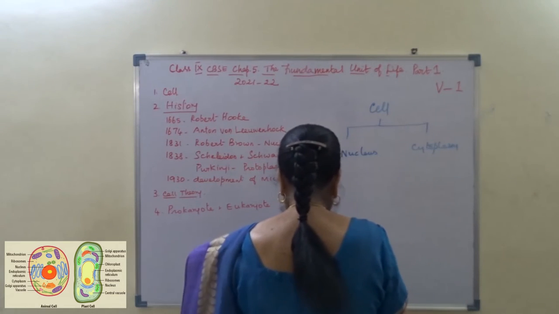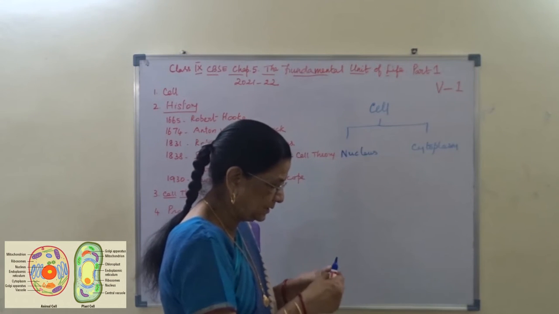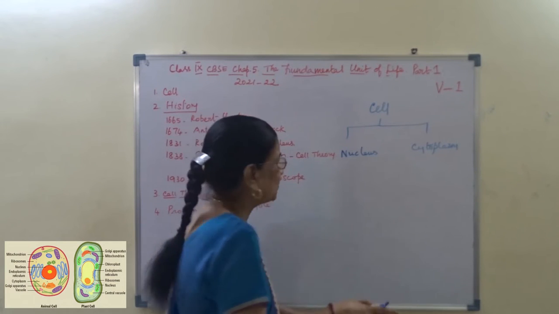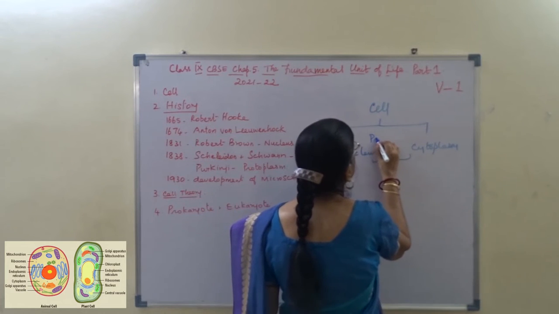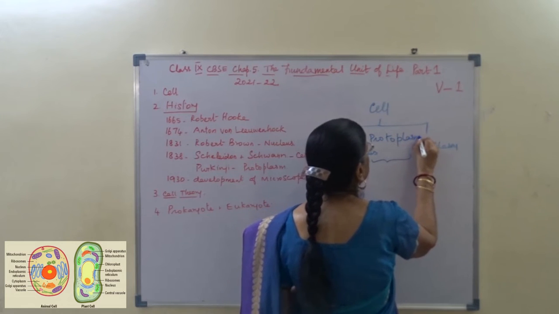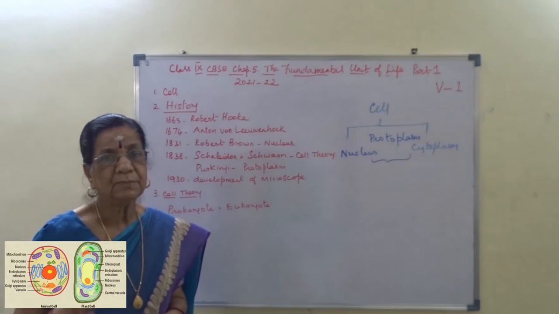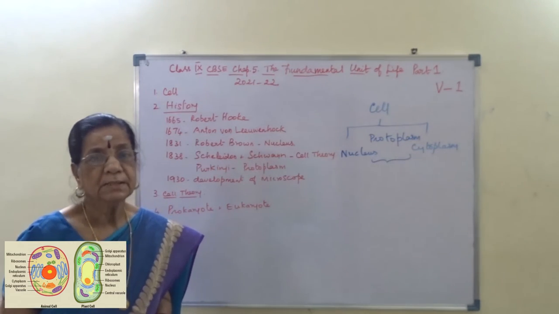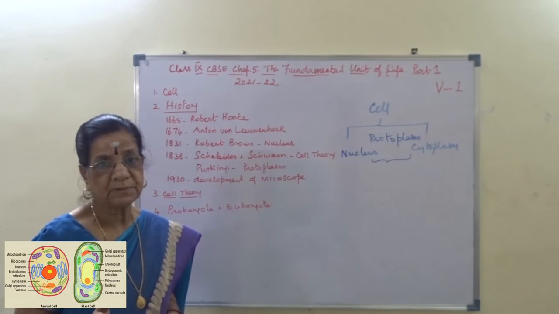Now this nucleus and cytoplasm together form a structure called protoplasm. Protoplasm is the physical basis of life. It is a combination of nucleus and cytoplasm.